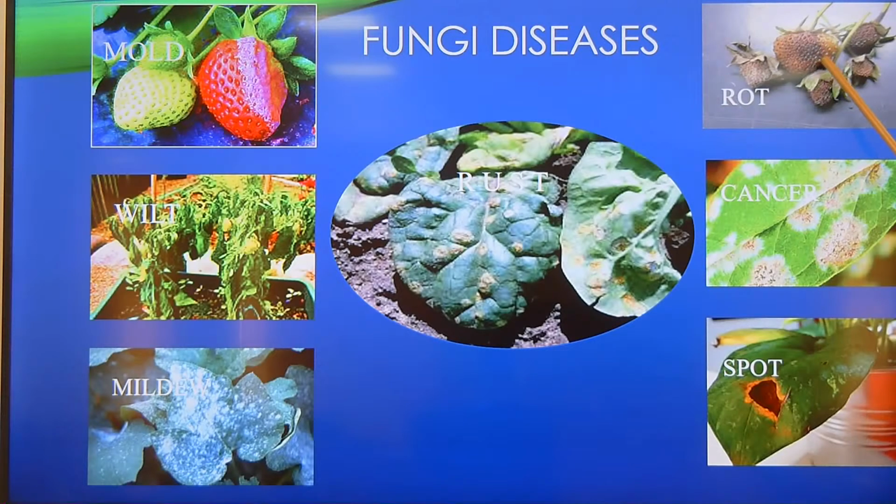Rot, any of several plant diseases. Rot diseases are characterized by plant decomposition. The fruit may be hard and dry. Cancer. Plant cancer causes uncontrolled growth of plant cells around the infections.